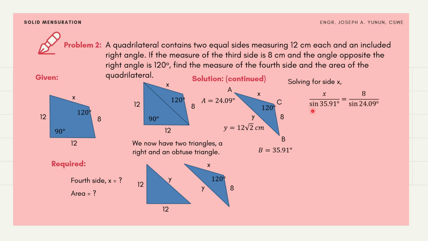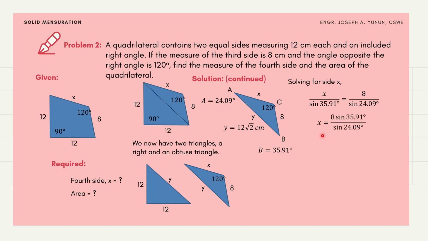So probably I'll just use law of sine, which is x, the unknown side, all over sine of the opposite angle, which is B, 35.91, will be equal to 8 all over sine 24 degrees, which is the opposite angle.